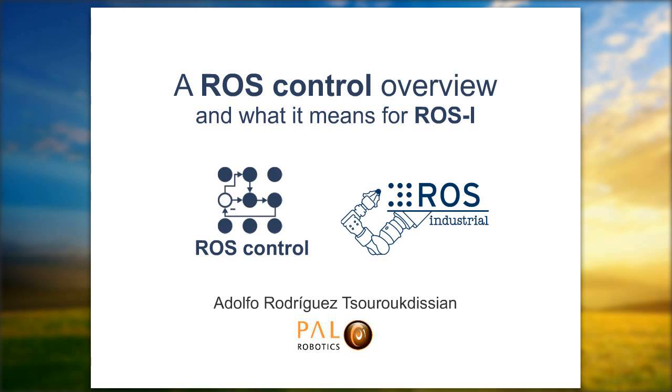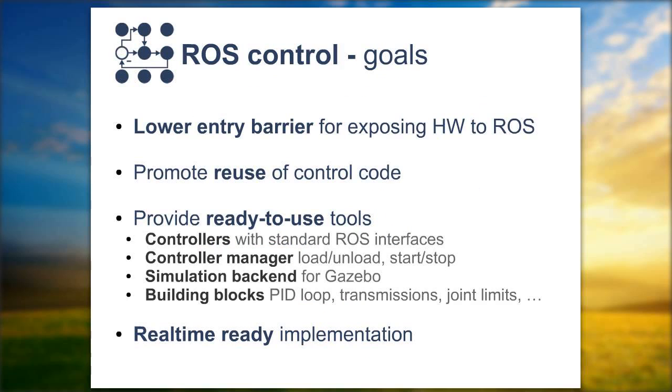So this talk will give a brief overview of the ROS control project and what this could mean for the ROS Industrial initiative. I would like to start with an overview of the goals for the project.